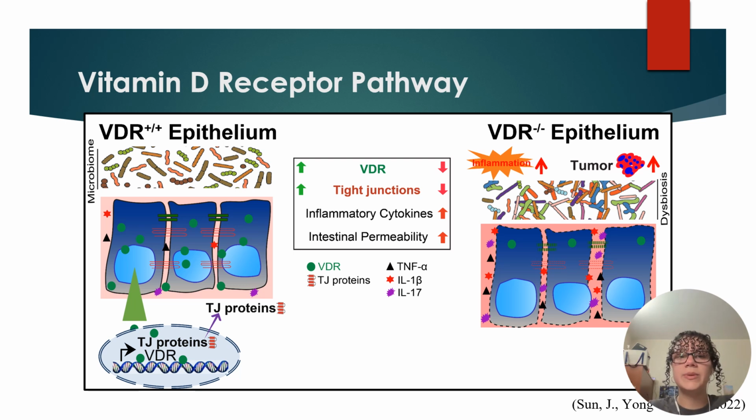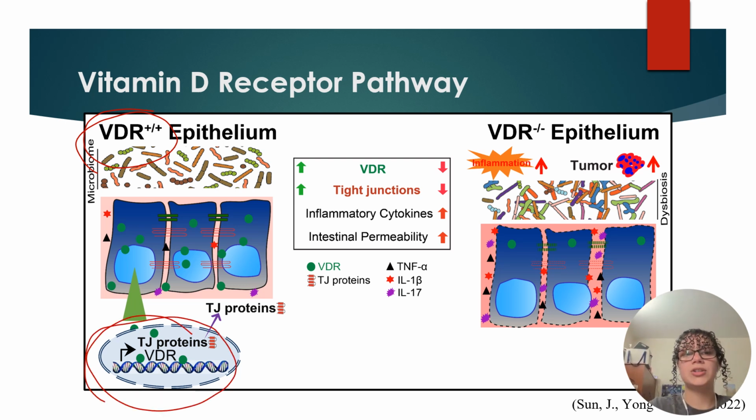Now for the vitamin D receptor pathway, also known as the VDR. When the VDR is positively expressed, it does two things. One, it regulates gene expression, as noted over here, and two, it promotes responses from intestinal epithelial cells, which regulates the gut microbiome.